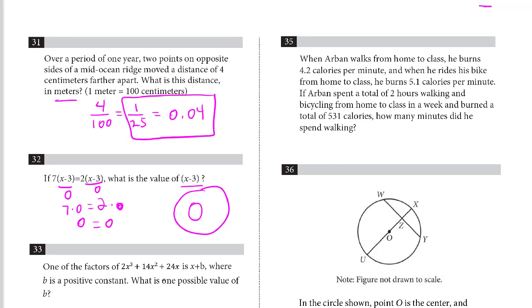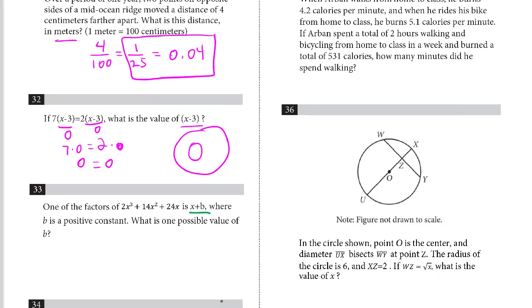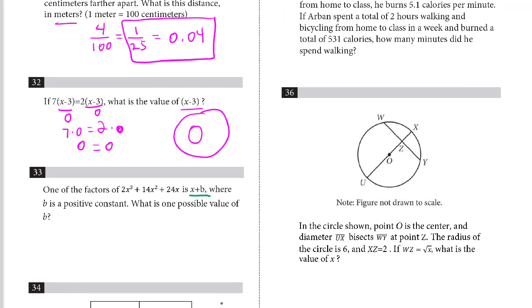33. One of the factors of 2x cubed plus 14x squared plus 24x is x plus b, where b is a positive constant. What is one possible value of b? Well, right away, I know we can find a common factor of 2x, leaving us x squared plus 7x plus 12.